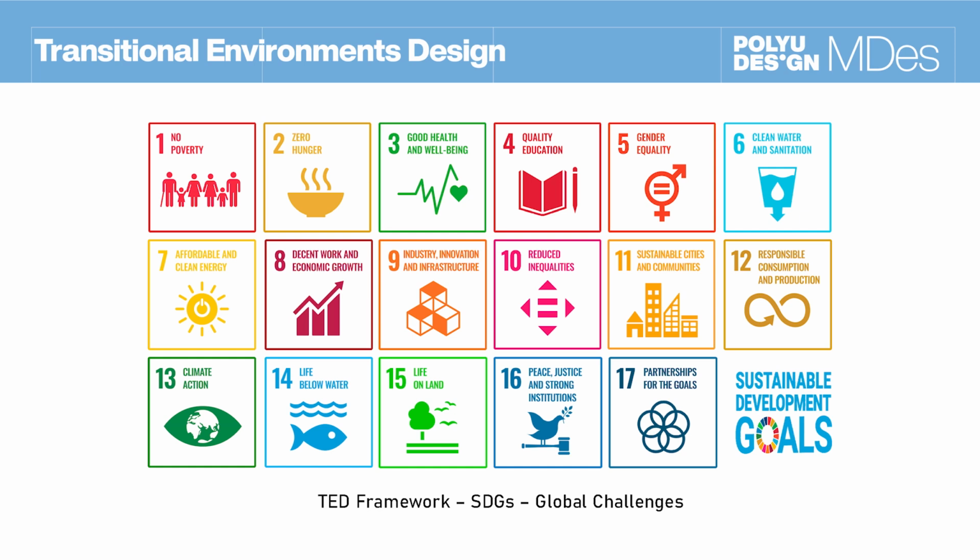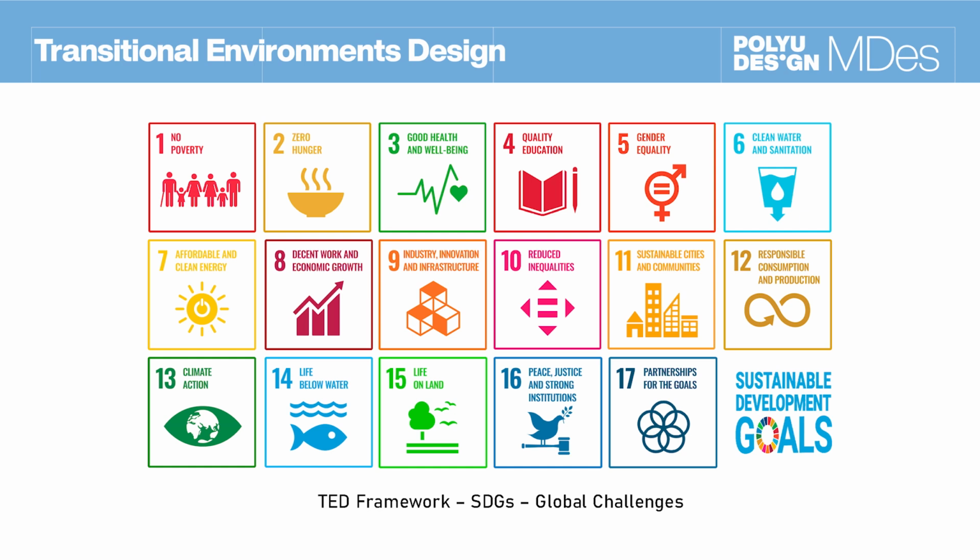There are 17 of them, and they serve as a framework for us to operate and decide on each project. Some of them may be more relevant to architecture or environmental design, such as sustainable cities and communities. But what is a city or an environment that does not provide clean water or food or all the rest that is listed in these sustainable development goals? So that's the framework we're using.